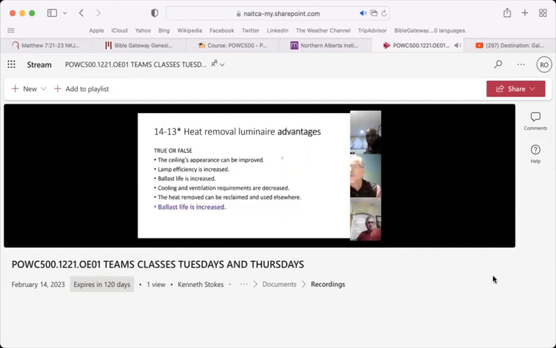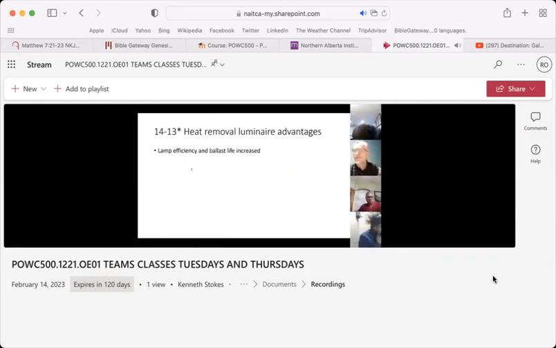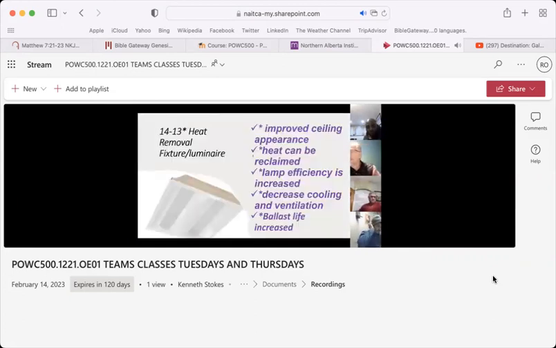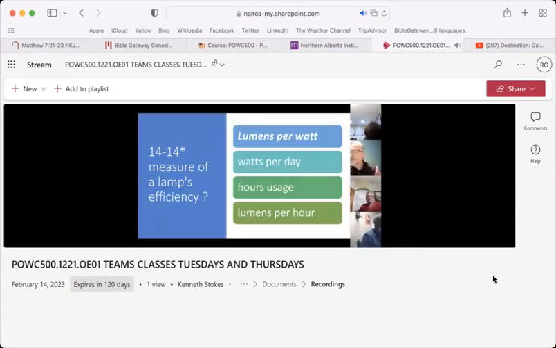Advantages of a heat removal luminaire: ballast life is increased, lamp efficiency is increased. A heat removal luminaire improves the appearance, heat can be reclaimed, lamp efficiency is increased, cooling and ventilation are decreased, and ballast life increases.